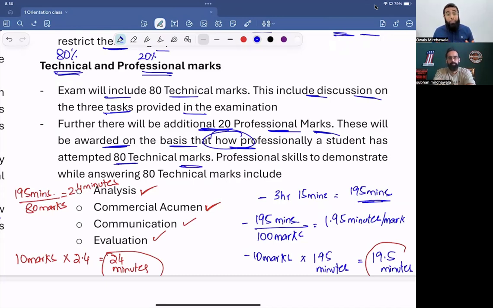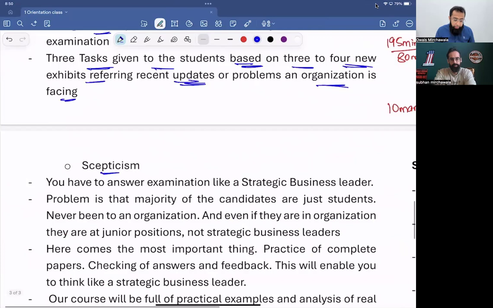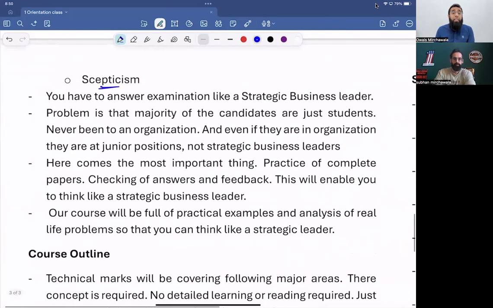And all of that we'll teach you when we actually solve complete exam papers in the class. Professional skill marks to demonstrate while answering the 80 technical marks include your analysis, commercial acumen, communication, evaluation, and skepticism. Obviously, detailed discussion will be done on these skills in our detailed course. Today is just an orientation and introduction.